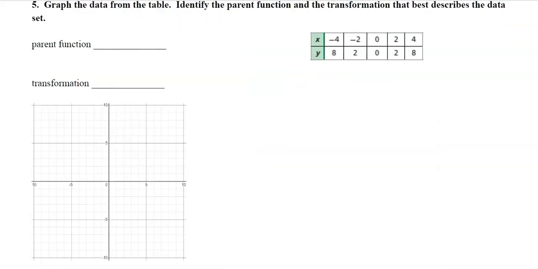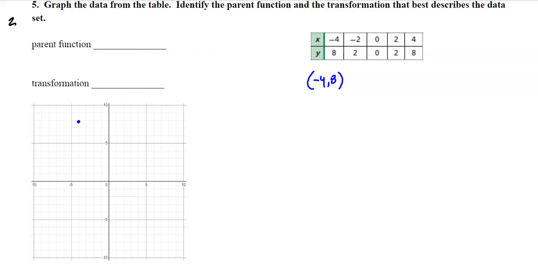Number 5, graph the data from the table, identify the parent function, and then the transformation. Instead of giving us an equation, they are just giving us a table, which is not quite as good, but it's still pretty good. So let's put these points on here. My first ordered pair is x is -4, y is 8. So I got -4, up 8.